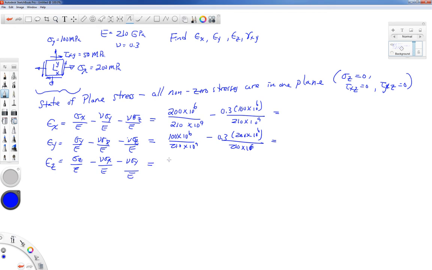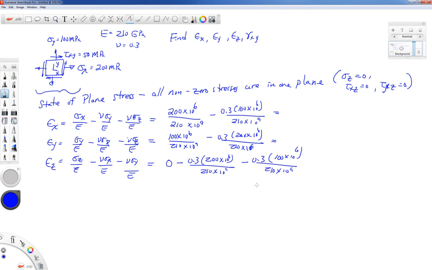In this case, it's going to be 0, because sigma z is equal to 0, minus nu sigma x over E, minus nu sigma y over E, and that's 100 megapascals. Now we're not quite done yet.